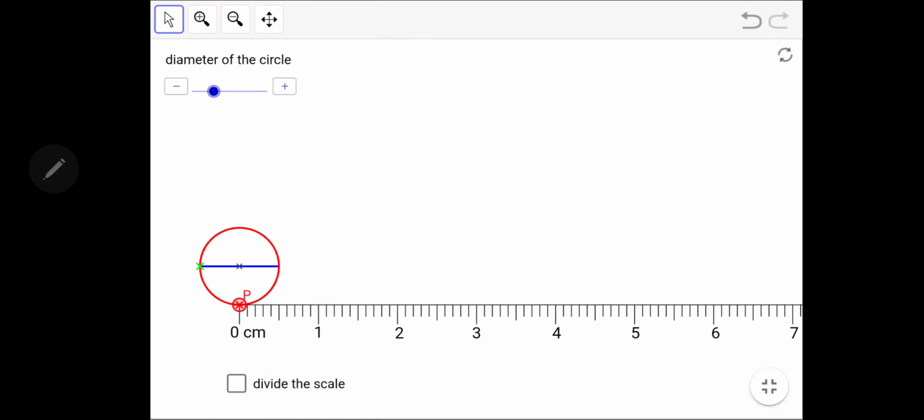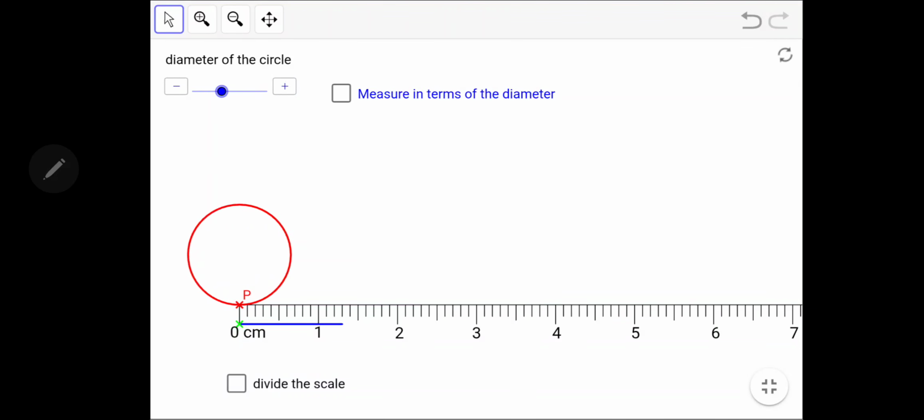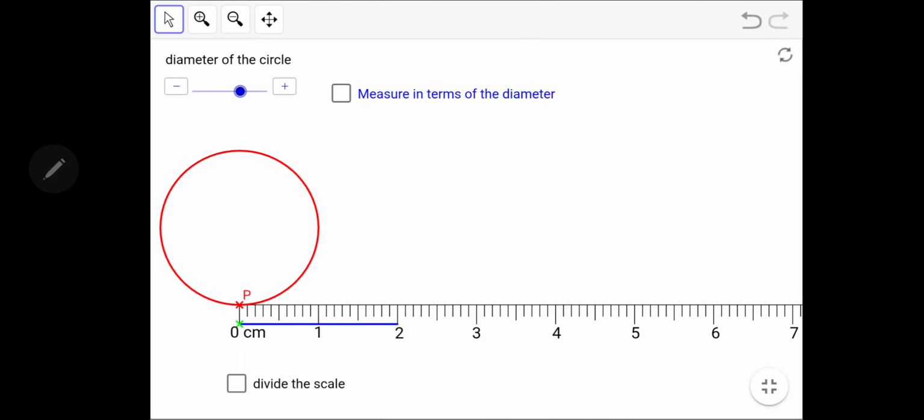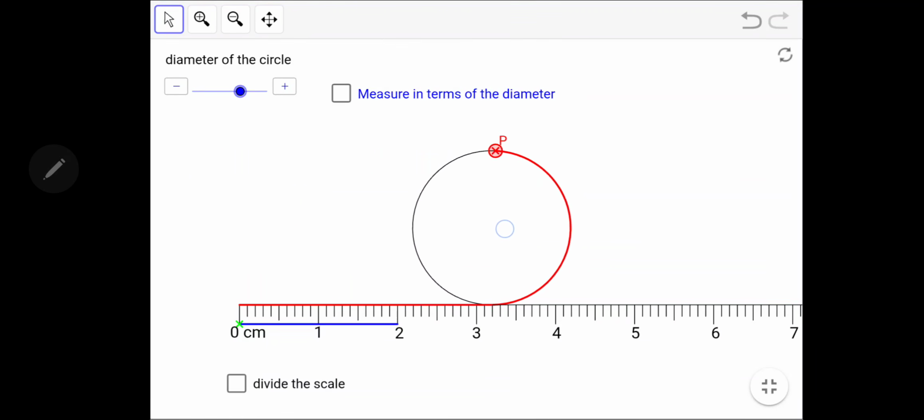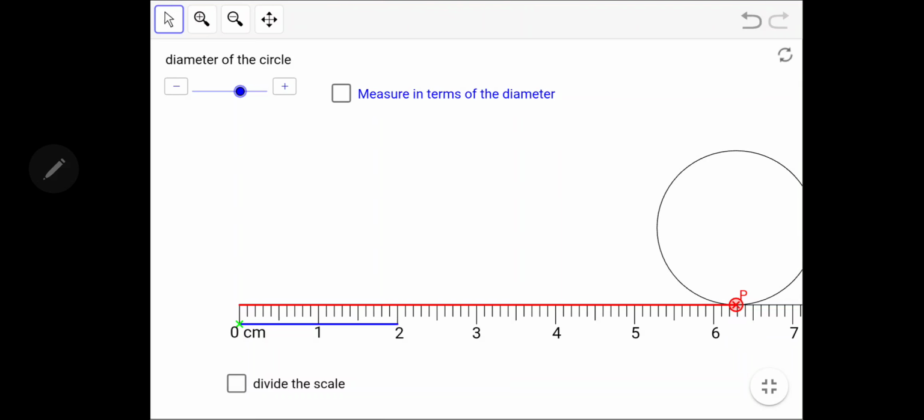Let's see what we can do if we increase our diameter. I'm going to move my diameter down here, and I'm going to use this to increase my diameter. Let's make it 2. Now I'm going to unwrap it again. Let's see what we get. A diameter of 2 gives me a circumference of a little more than 6.